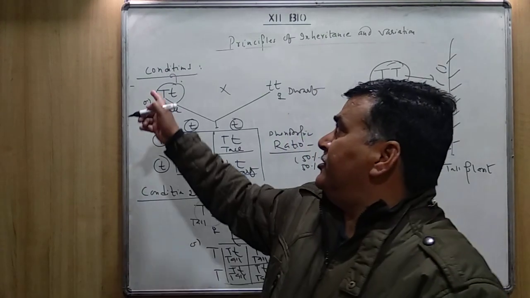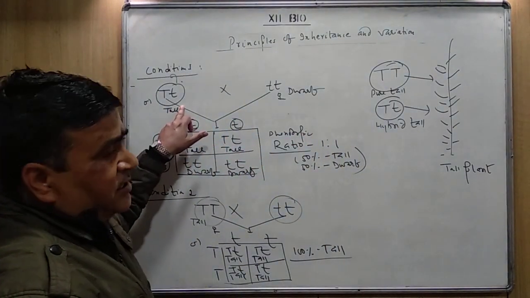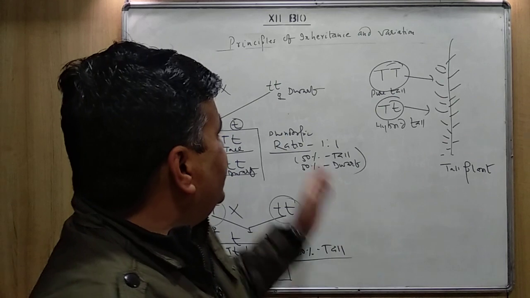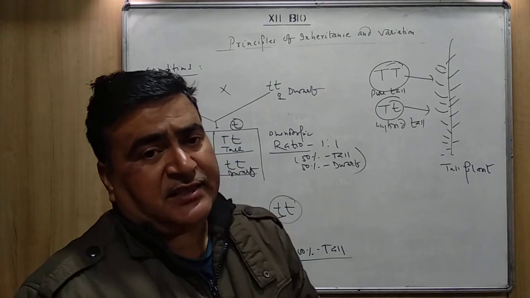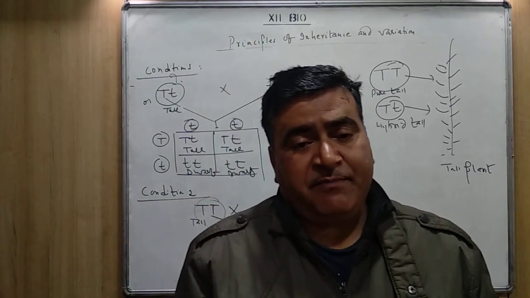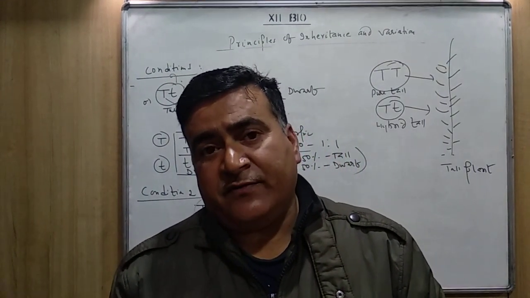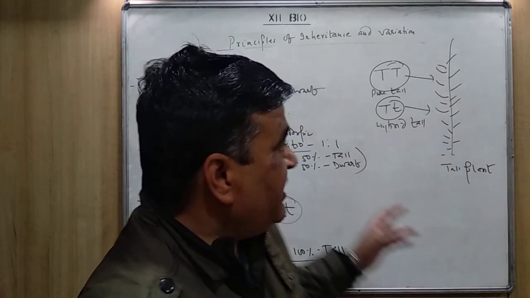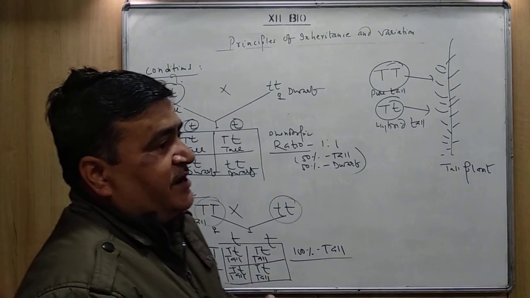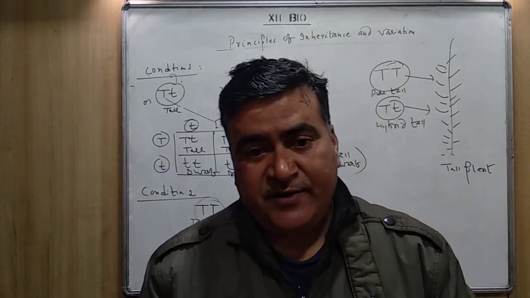If the plant is heterozygous or the plant is hybrid, after test cross, in F1 generation, 50% plants will appear tall, and remaining 50% will appear dwarf. The ratio is 1:1. So the parent plant having the dominant trait will be heterozygous for that particular trait.